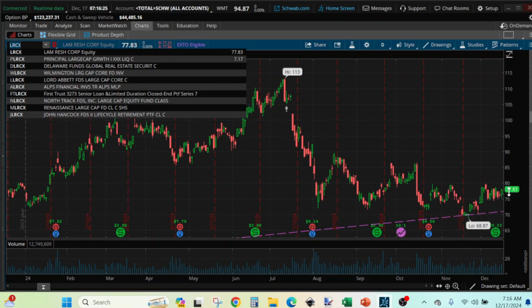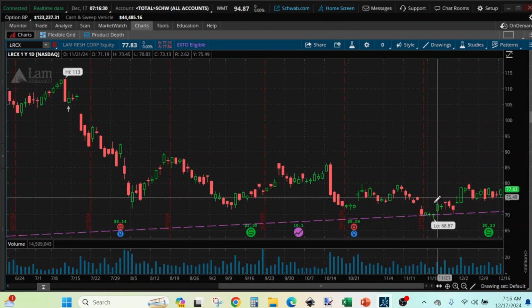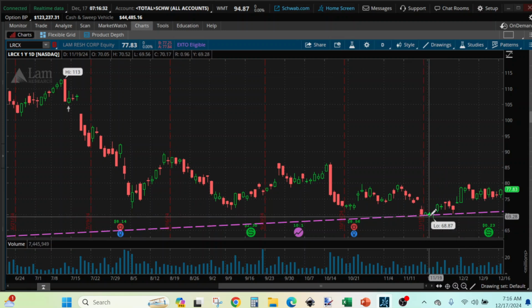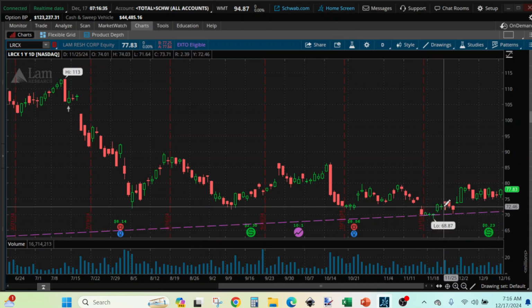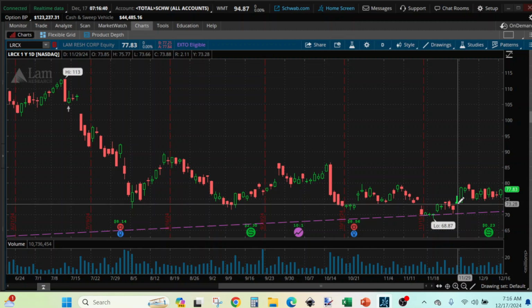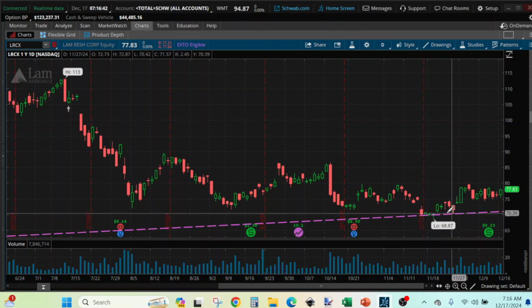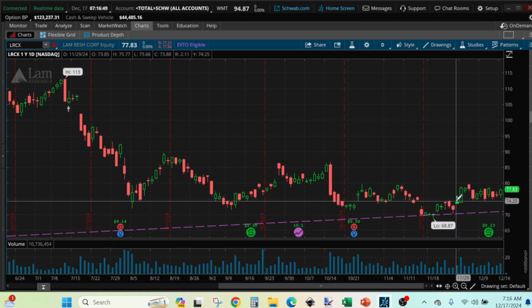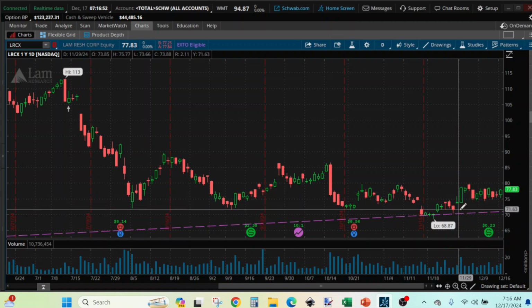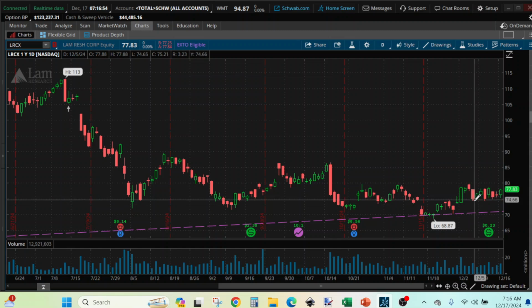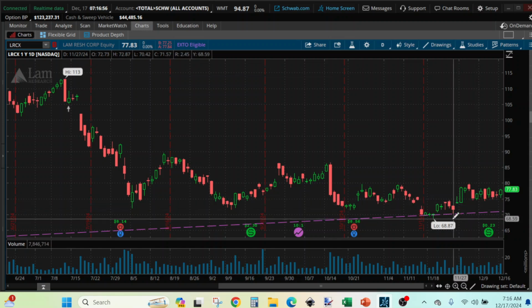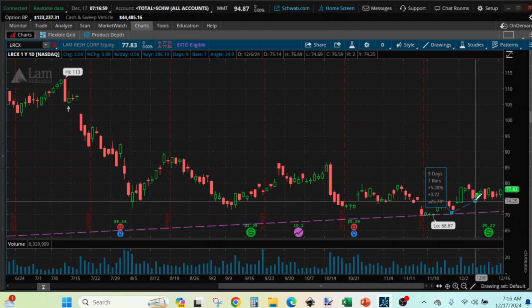Otherwise we have plenty of occasions here to enter it, because you see it touched it. We have the green bars, and then we have the red one, and then we have this. Having this one will give us a line to trace, but again we have a consolidation because this one and this one are touching that line. So we could enter it there, or if we want a better confirmation, we have this one here that allows us to trace the line.